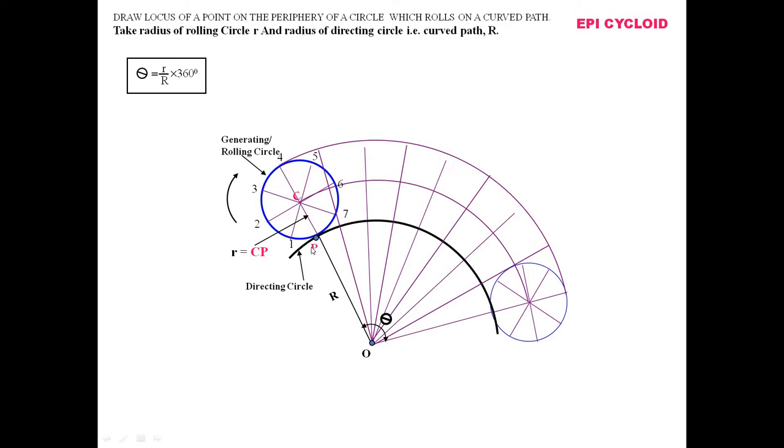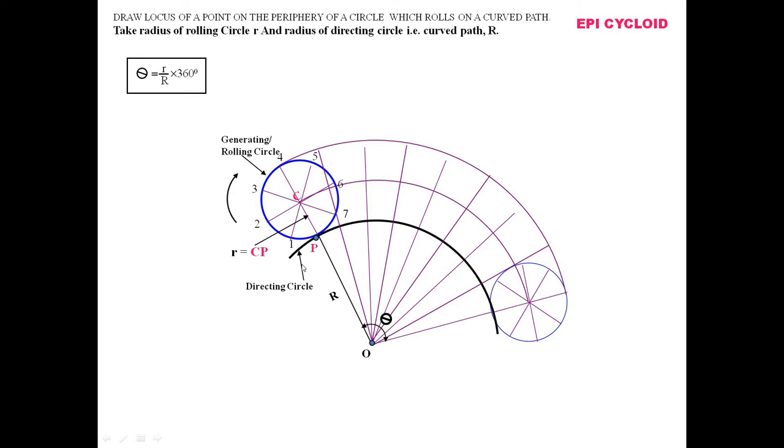Then we'll draw arcs from the points 1, 2, 3, 4, 5, 6, 7, 8. So we'll take the center O and the radius as O1, O2, O3, O4, O5, O6, O7 and O8. From the O4 radius we have this arc, and with radius OC we have this arc.